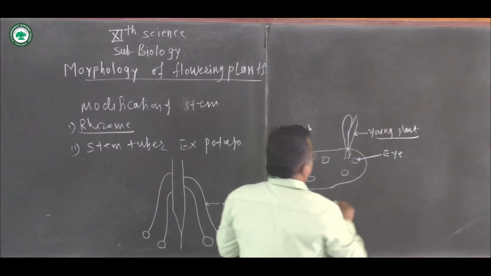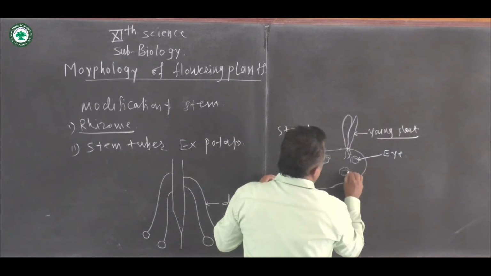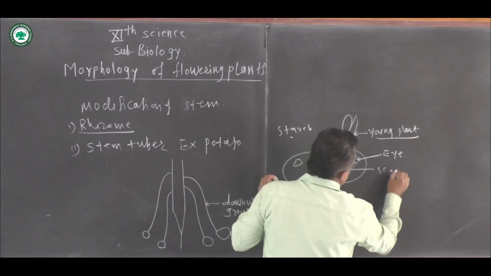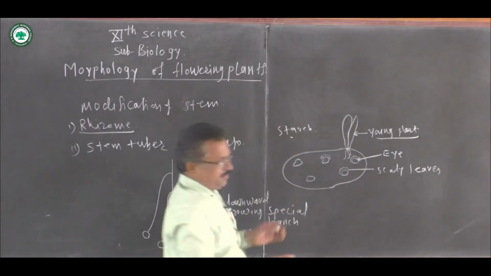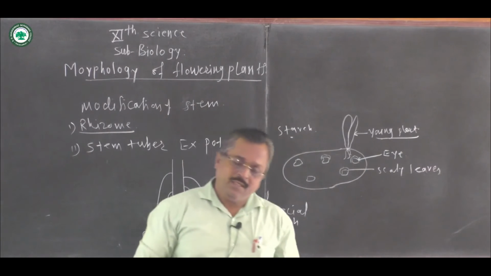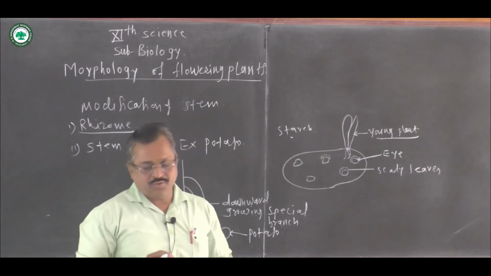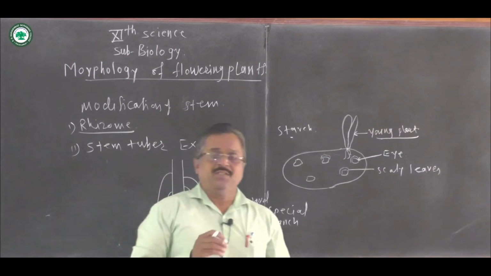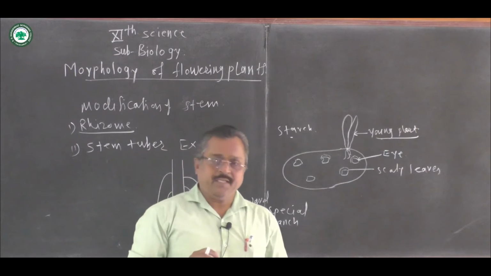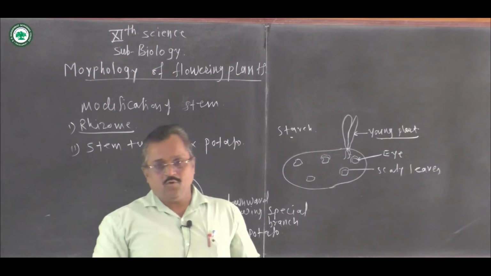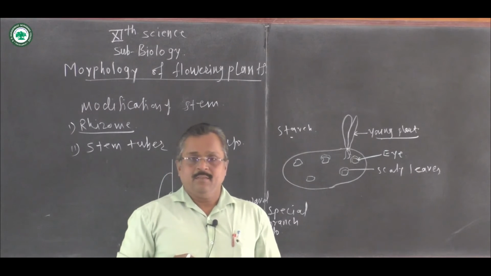Scaly leaves are present at every node. The presence of nodes and internodes is the characteristic feature of the stem. At the nodal region, there are leaves present.